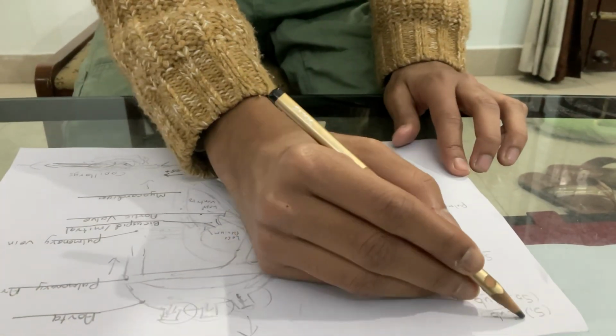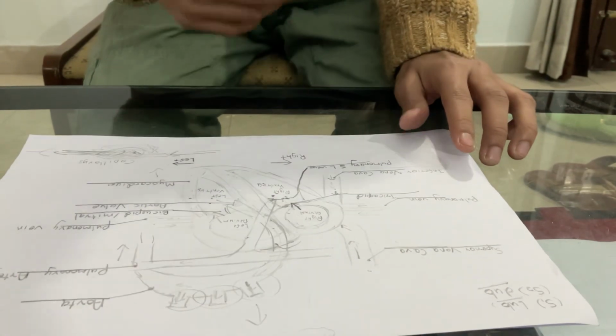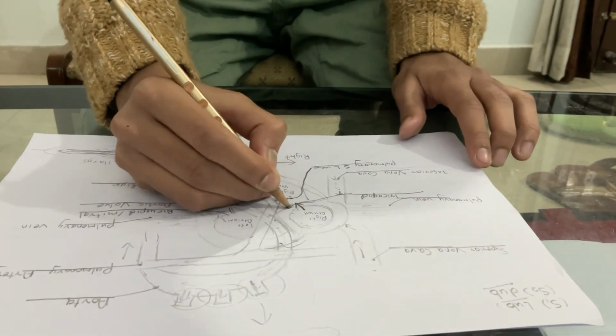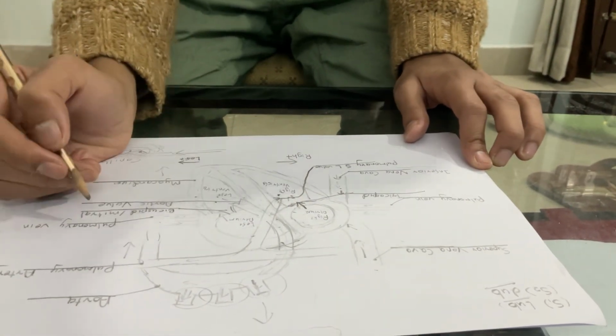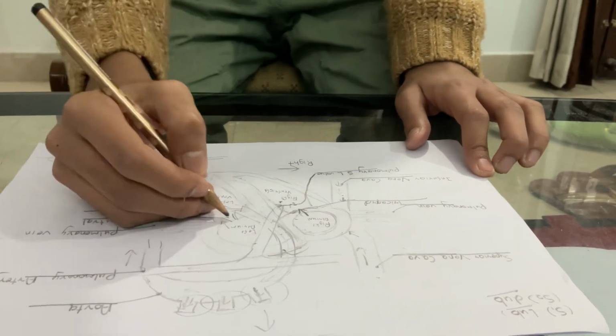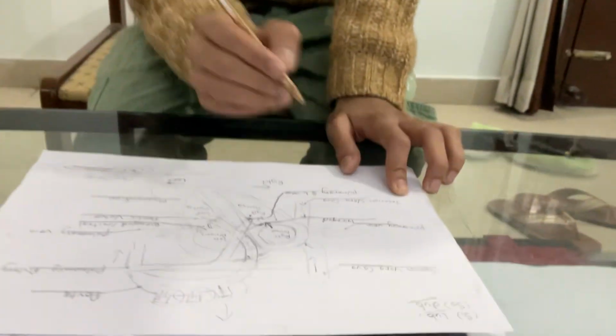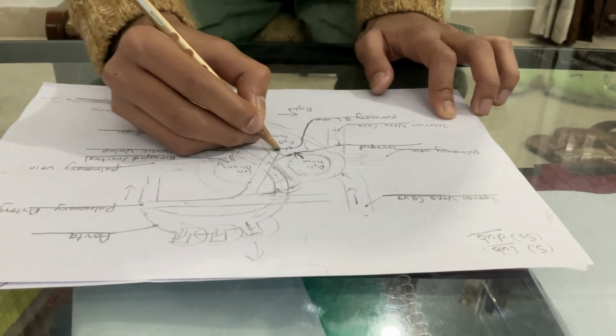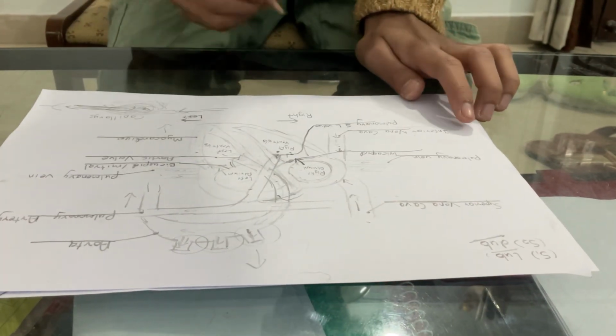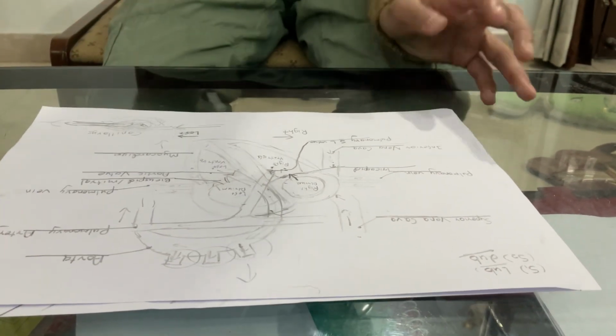The lub sound happens when the tricuspid valve and the bicuspid or mitral valve shut. It produces a sound, lub. And the second sound is dub, when the pulmonary semilunar valve and the aortic semilunar valve close shut. This produces the dub sound.